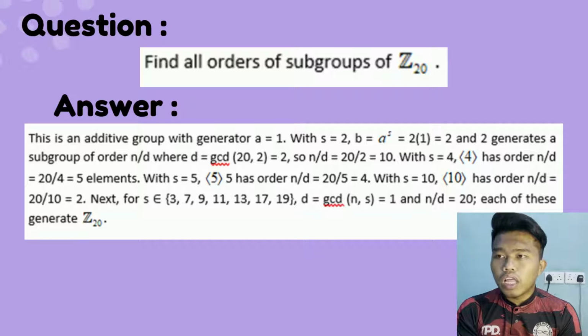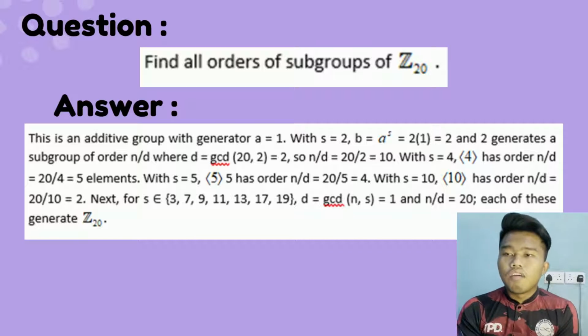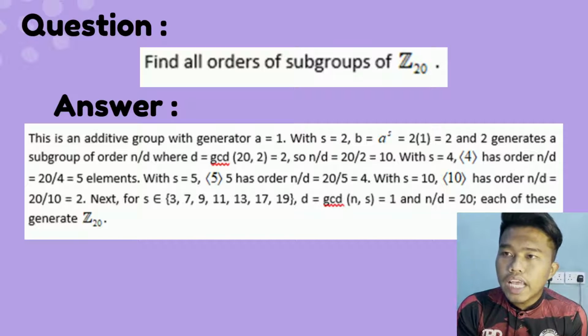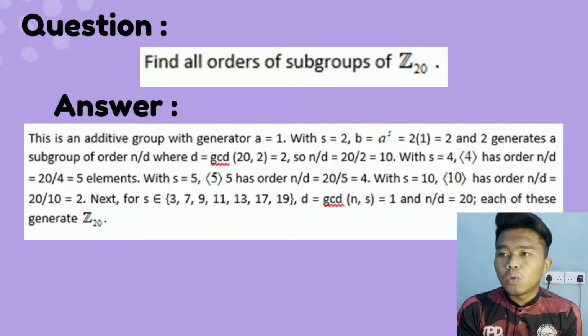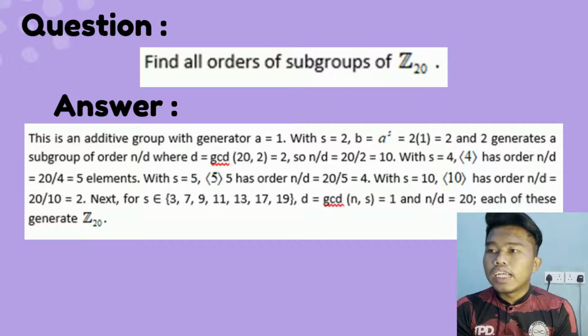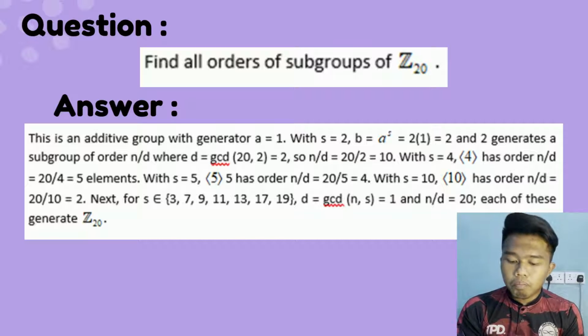With S equals 10, the subgroup generated by 10 has order n over D equals 20 over 10, which equals 2. Next, for S an element of the set 3, 7, 9, 11, 13, 17, 19, D equals GCD of S and 20 equals 1 and n over D equals 20. Each of these generates Z modulo 20.